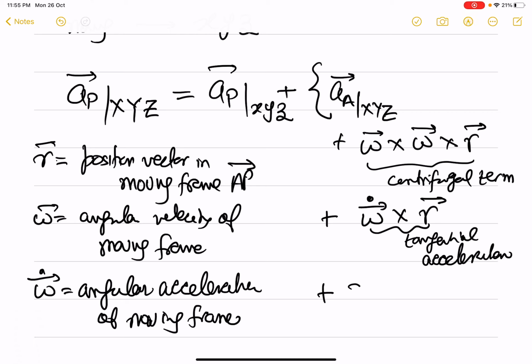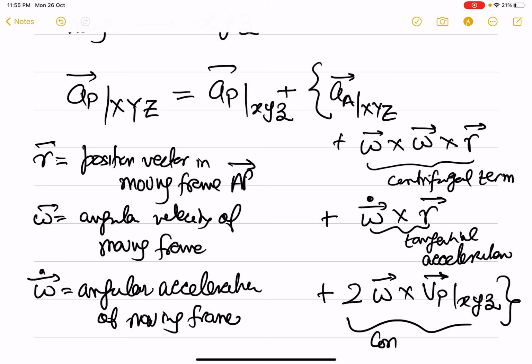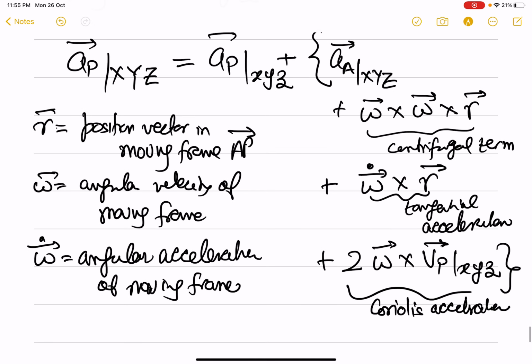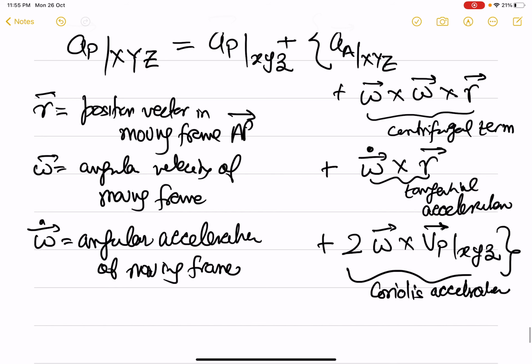If you recall, this was the term 2 omega cross Vp, velocity of point P as seen from the moving frame. And this term was called the Coriolis component of the acceleration. So this is how we can write the expression.